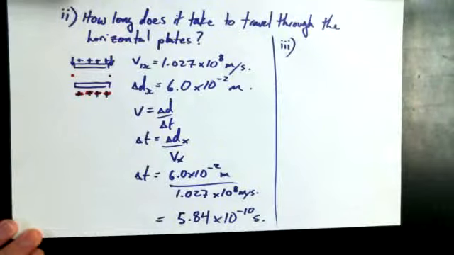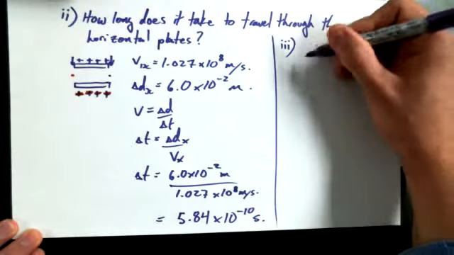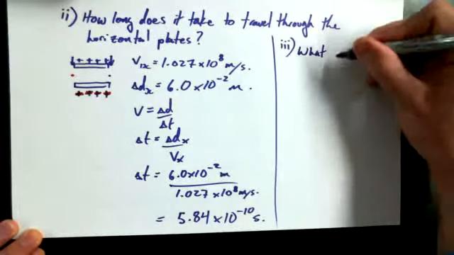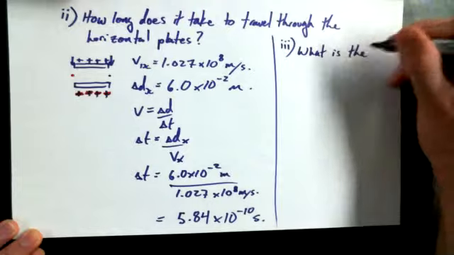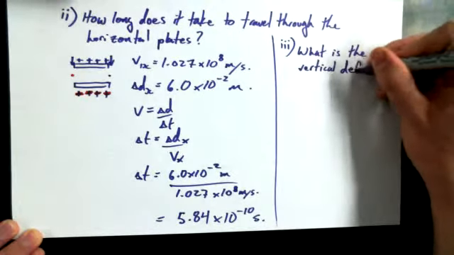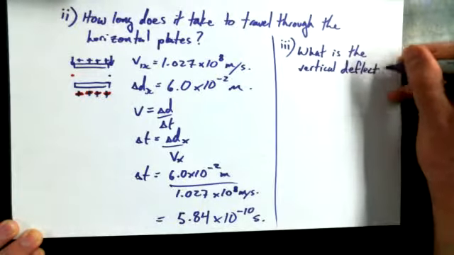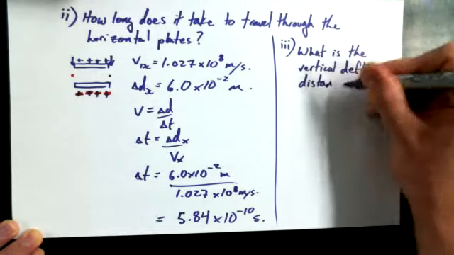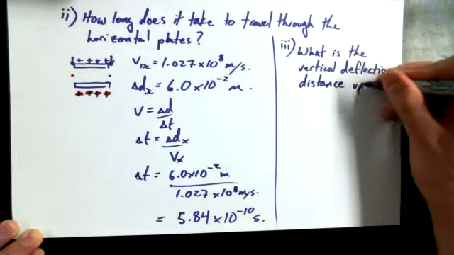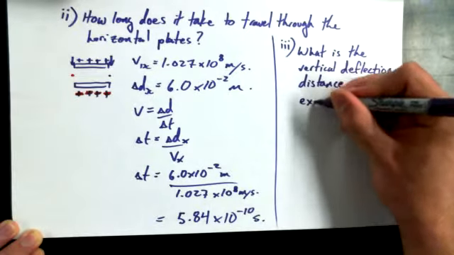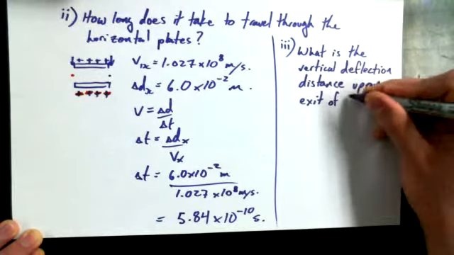It must be up, because the acceleration is upwards, since the net force is upwards on this thing. Let's put the question in writing: what is the vertical deflection distance upon exit of the plates?